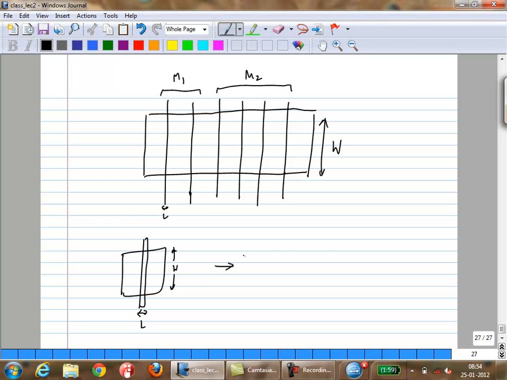You could also draw the transistor like this. It is basically like having two W over 2L transistors in parallel, right?